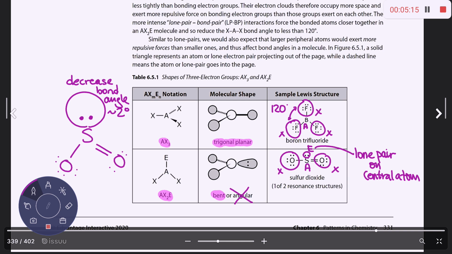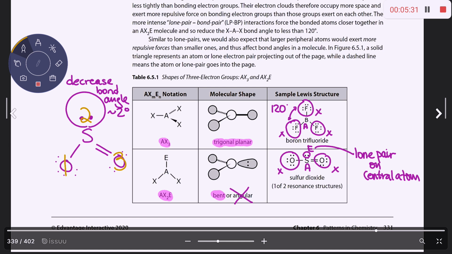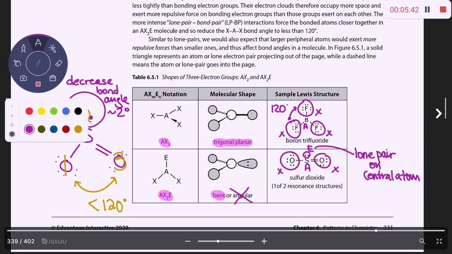So that means you would expect, since I have 3 things on the central atom, you've got 1, 2, 3 things on your central atom, if they were to repel each other equally, you would expect the bond angle to be 120. But since this lone pair pushes away the bonded groups more than you would expect it to, this bond angle is going to be less than 120 degrees. So anytime you have this lone pair of electrons on a central atom, you have to include this less than in front of the bond angle.